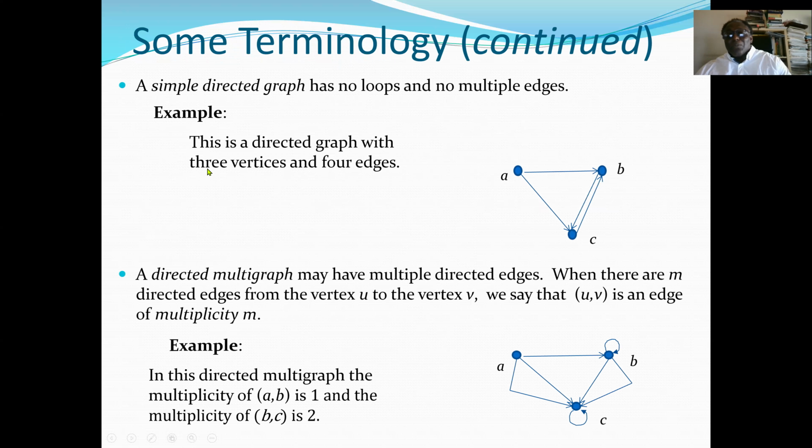So let's see an example. The first example here is a simple directed graph. There is no loop.